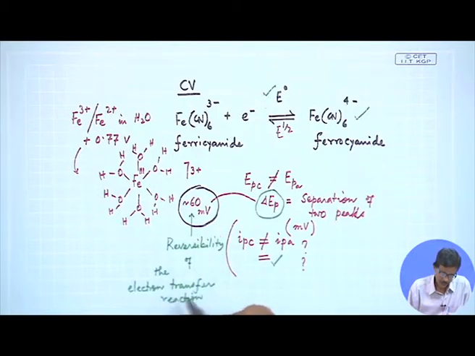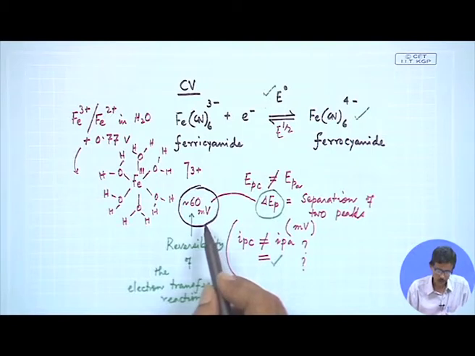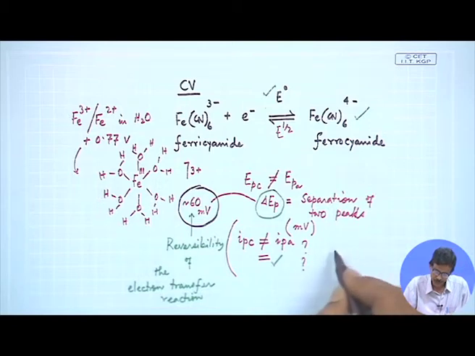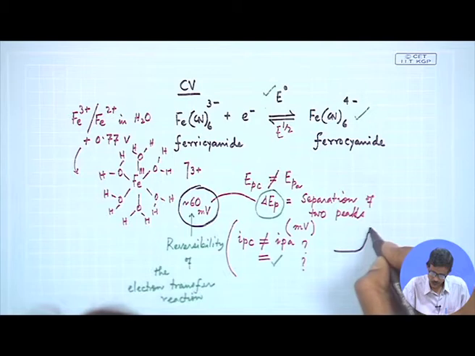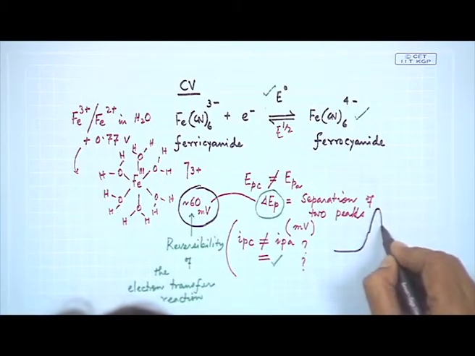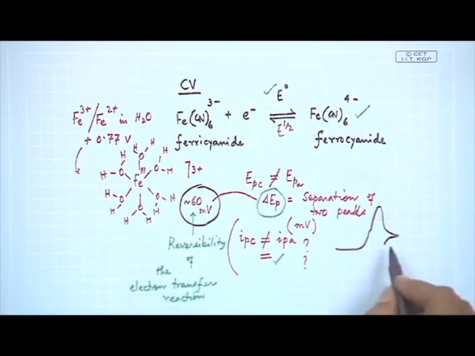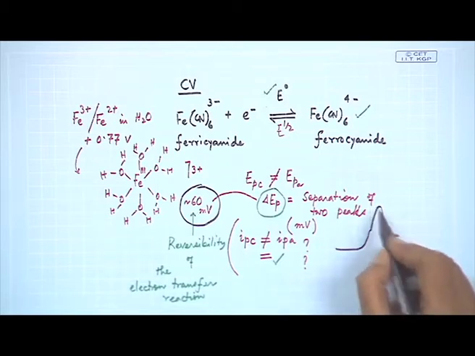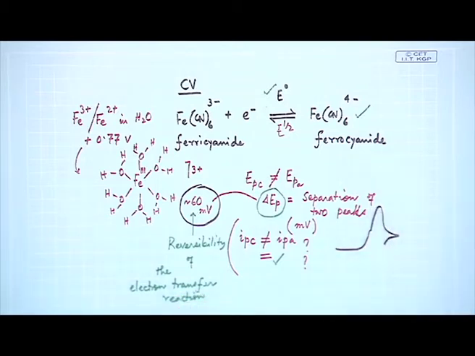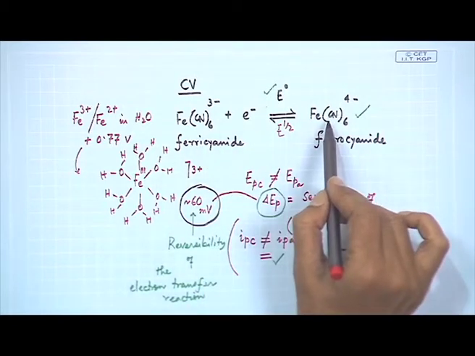That reversible electron transfer reaction is very important to understand. When we start scanning and get up to a certain magnitude and then it comes back, this is the corresponding scan for the reduction.